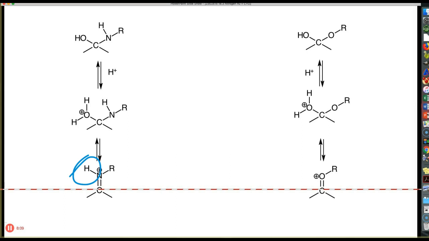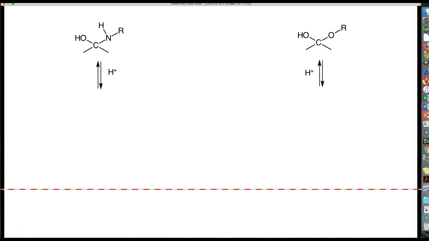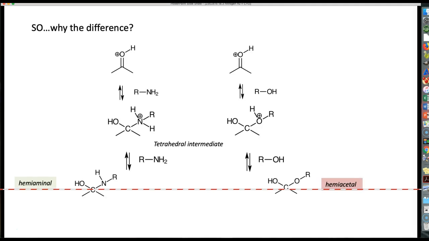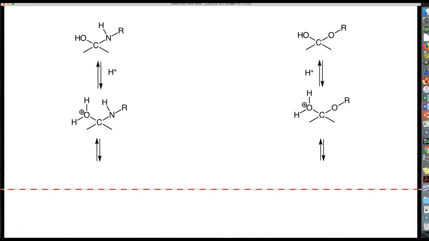One right here. And one right here. Because we could deprotonate our nitrogen twice, whereas we can only deprotonate our oxygen once, there's a main reason for the difference.